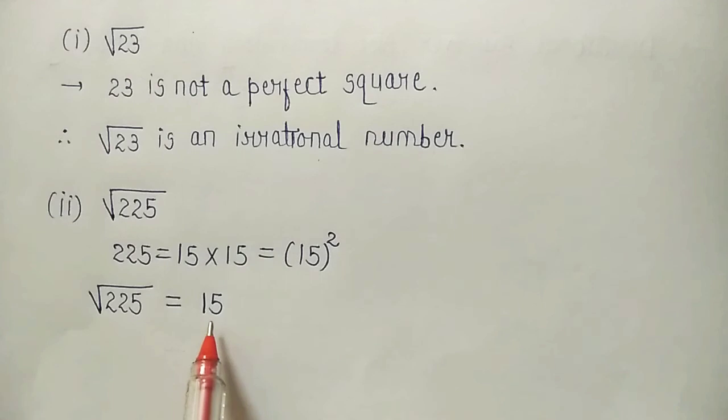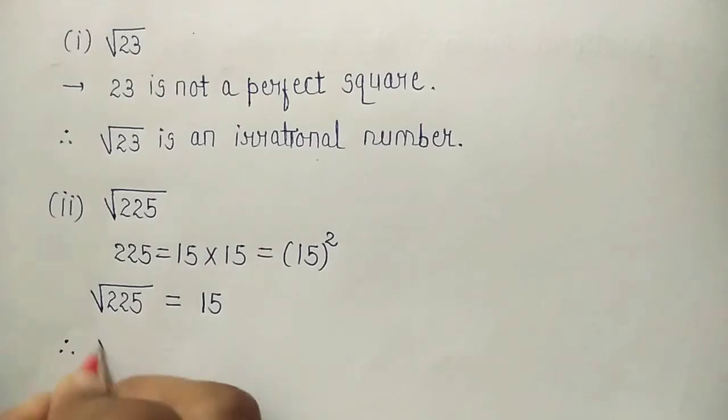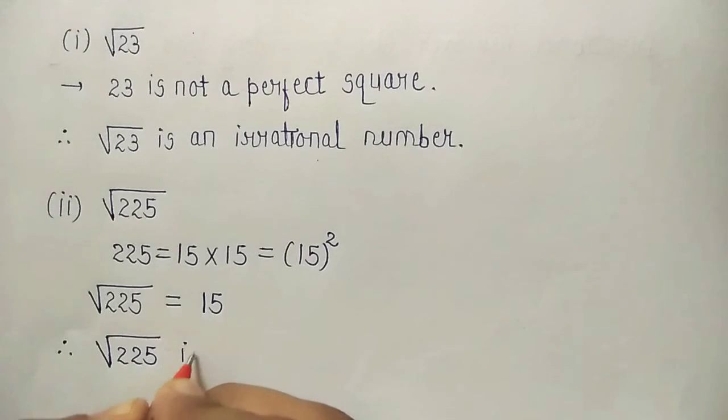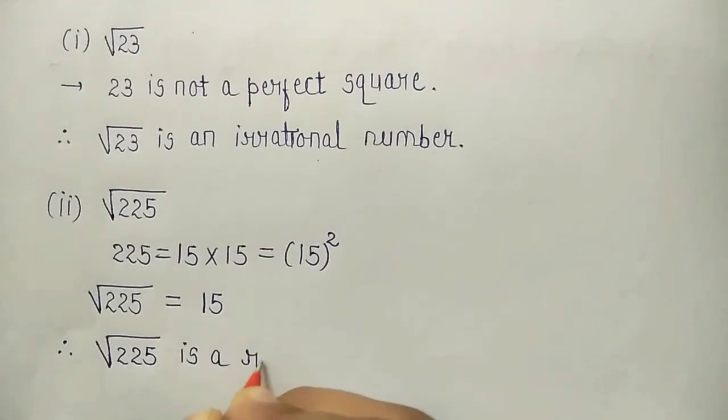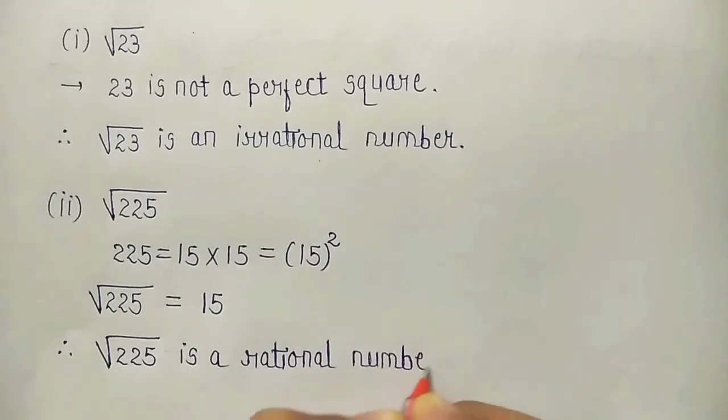Now, it is what? It is a rational number. 15 is a rational number. Therefore, we can say that square root of 225 is a rational number.